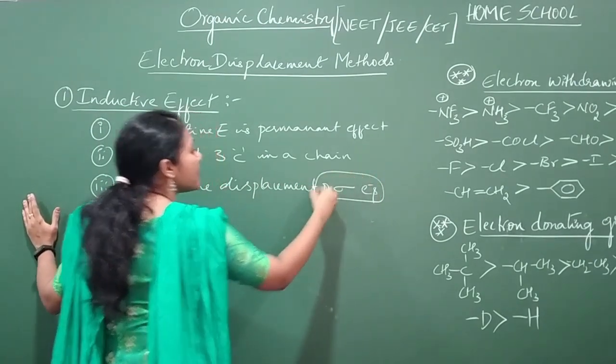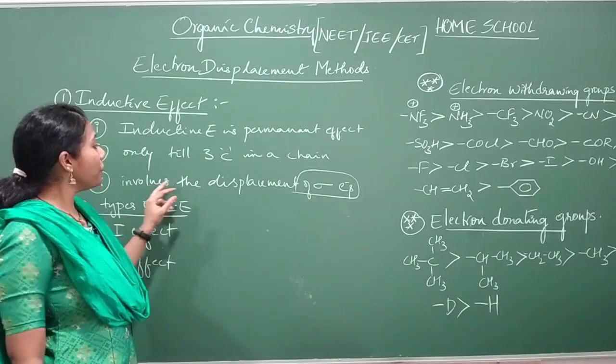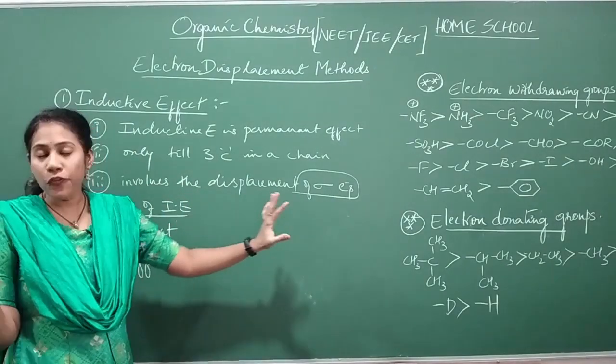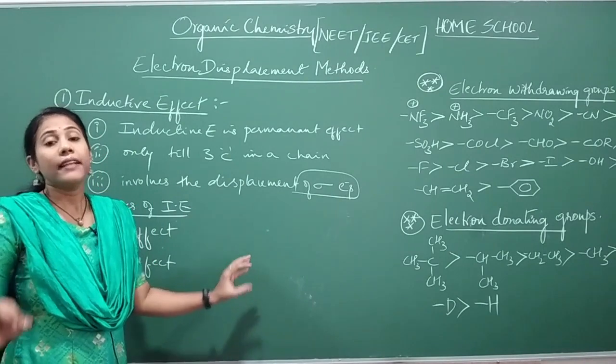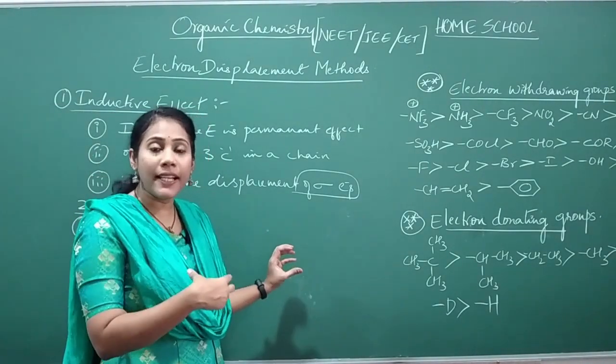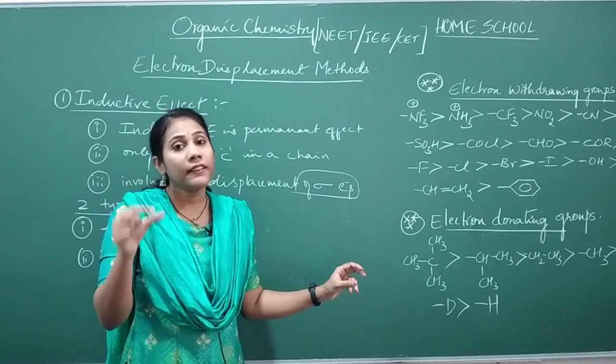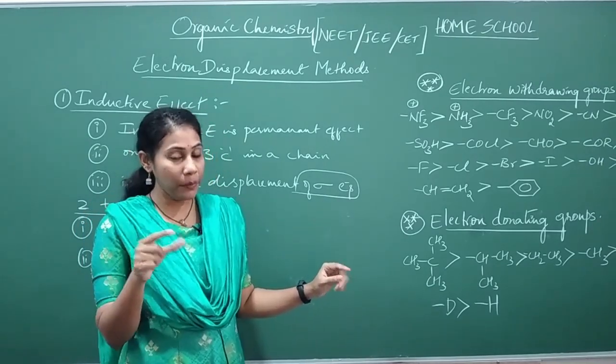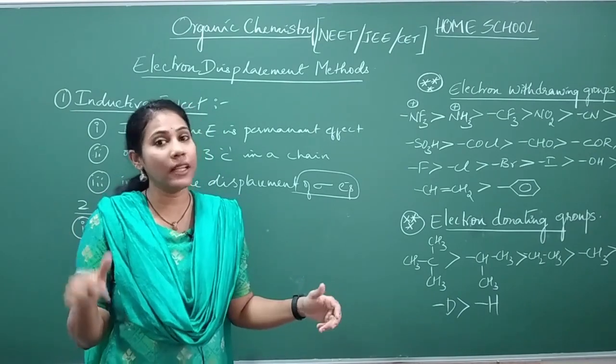Remember this point, this is very important. The pi bonded electrons will not move, only sigma bonded electrons will move towards the more electronegative atom, creating a polarity in a molecule.